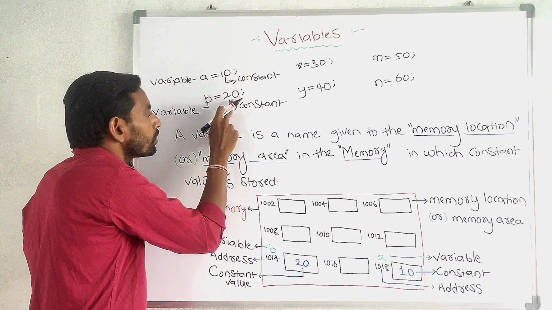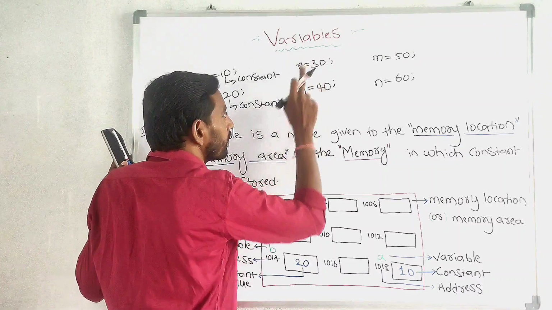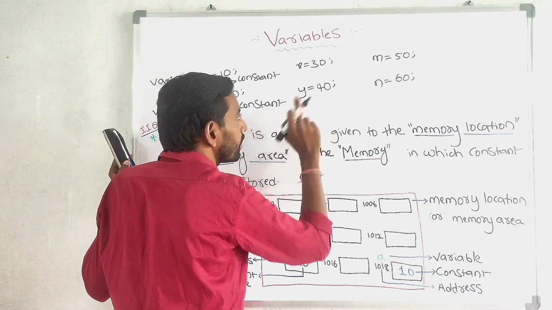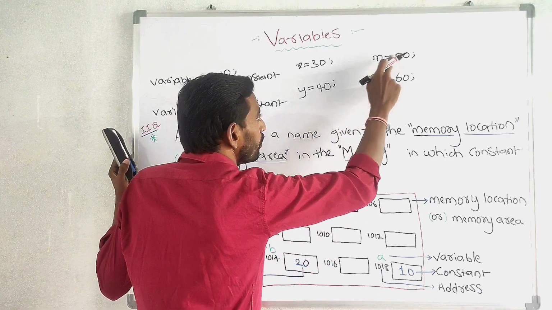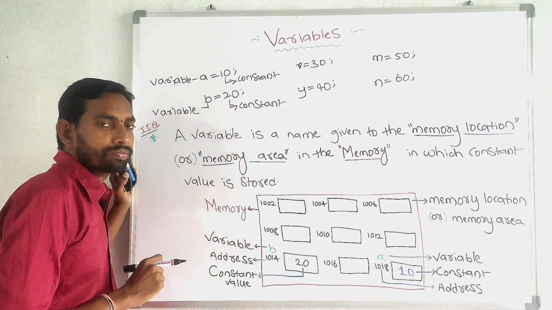B is a variable, 20 is a constant. X is a variable, 30 is a constant. Y is a variable, 40 is a constant. M is a variable, 50 is a constant. N is a variable, 60 is a constant.